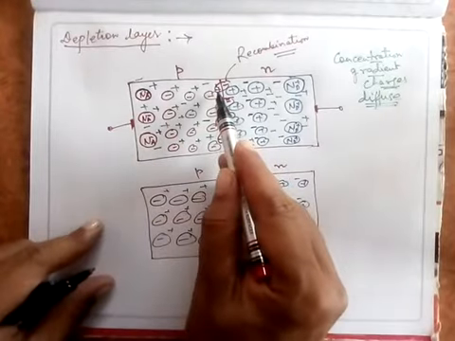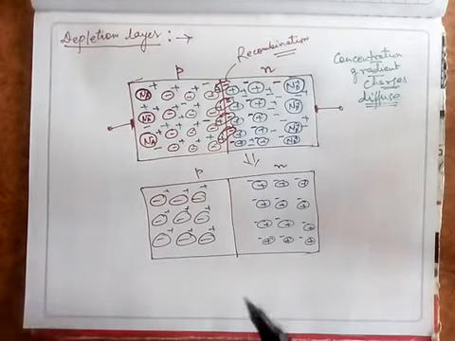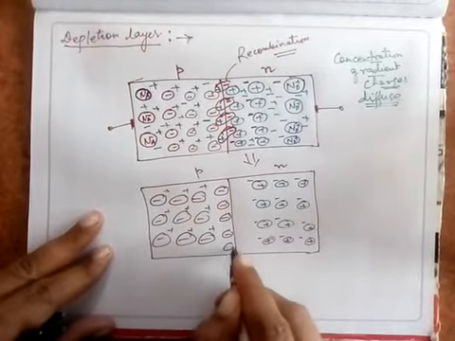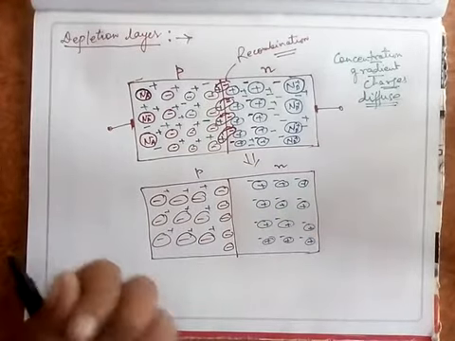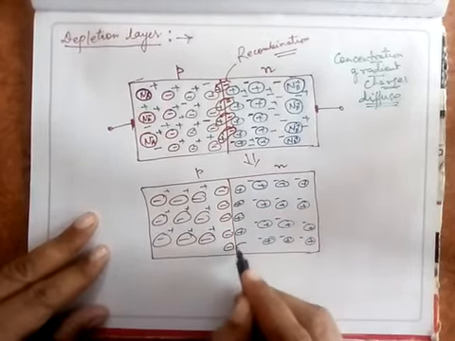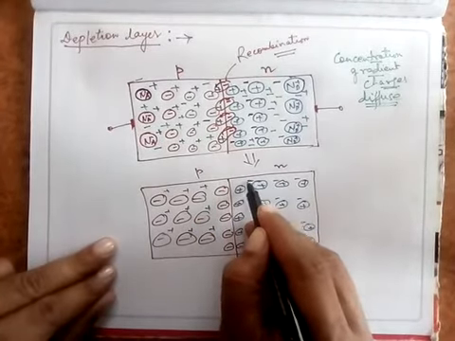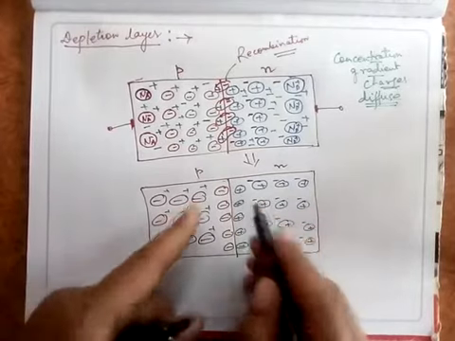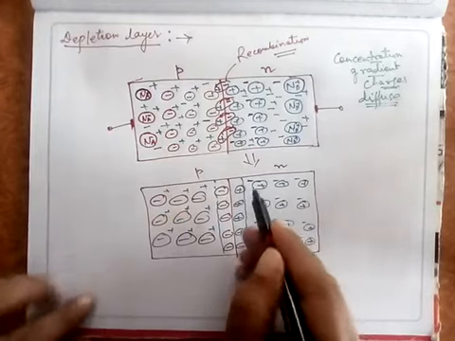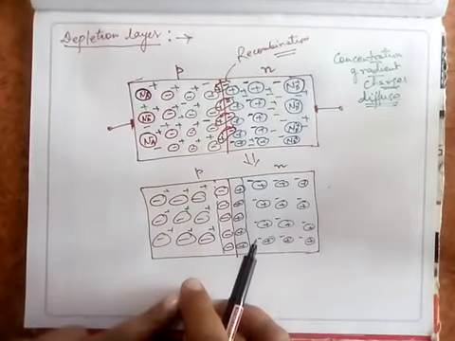Now near the junction, these electrons and holes recombine, leaving behind only these negative ions on this side and only positive ions on the other. Remember that current flows due to the flow of electrons and holes. These positive and negative ions obstruct the flow of electrons and holes, which constitute the current in the external circuit.